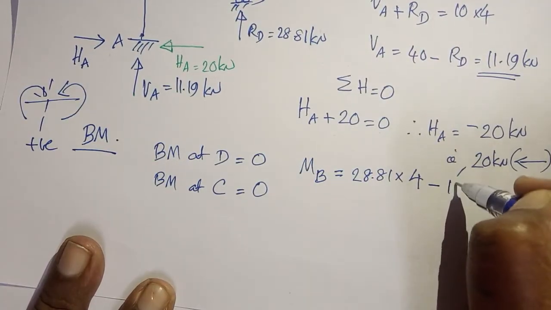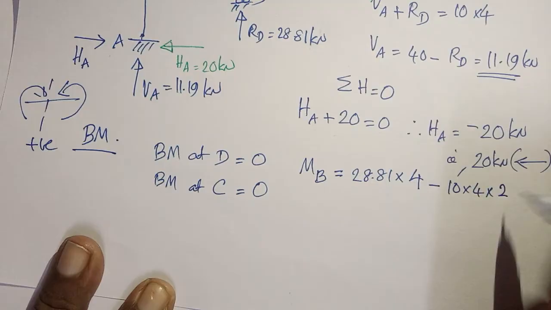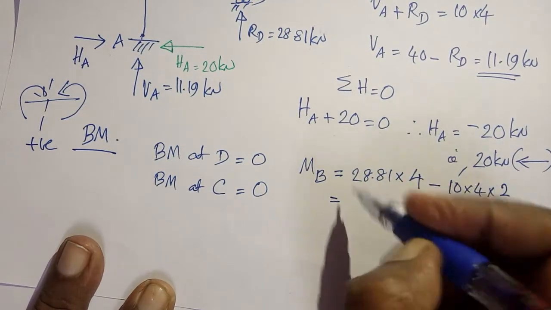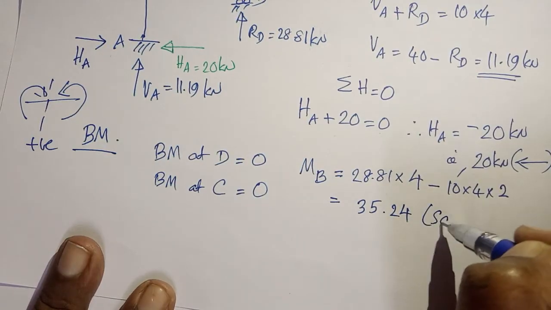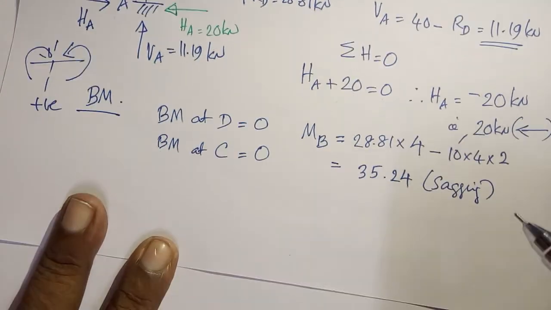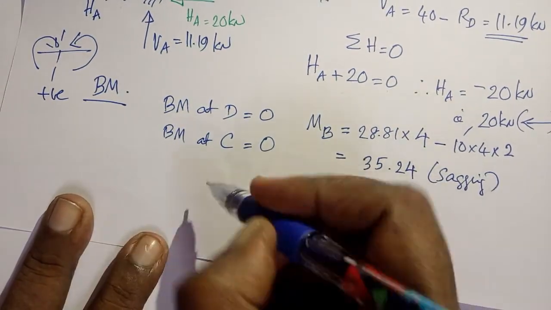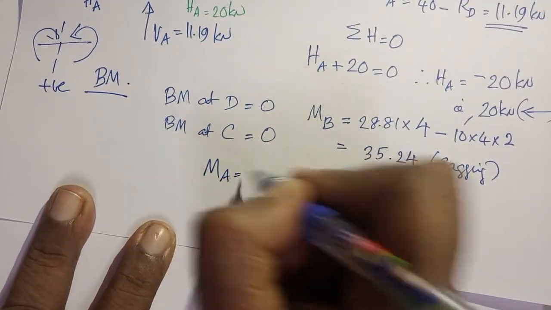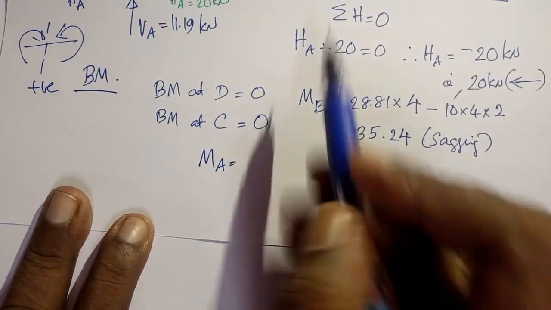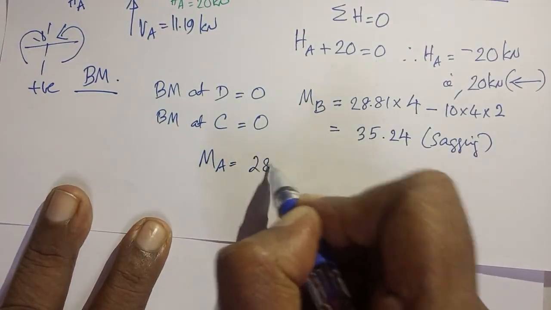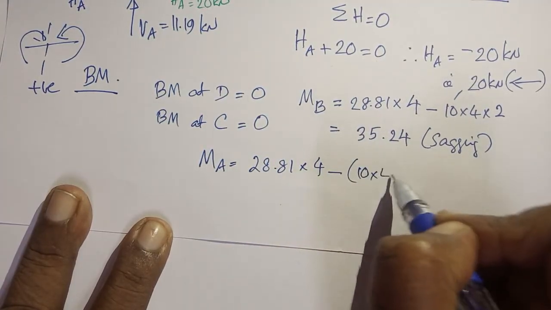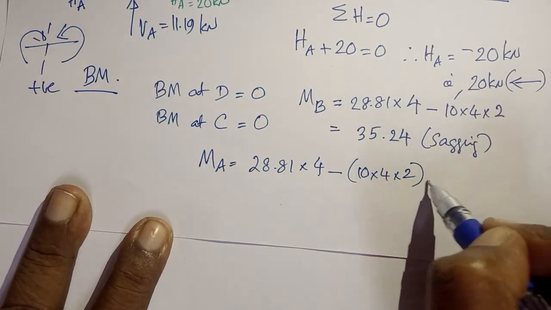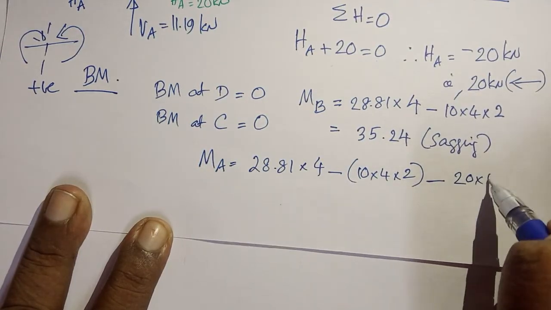Then this 10 into 4 is clockwise, so minus 10 into 4 into 2. It gives 35.24. Positive means it is sagging. Next is bending moment at A. MA is equal to RD, 28.81 into 4, minus 10 into 4 into 2, minus 20 into 5.